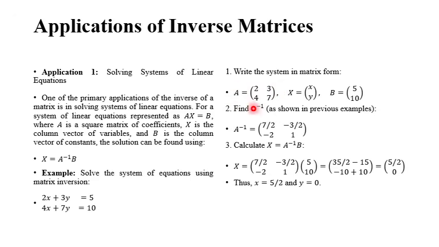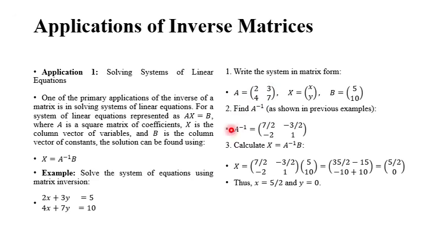Then what is the adjoint of this matrix? You have to interchange these two diagonal elements, so 7 comes up and 2 goes in here. Then you also change the signs of these two elements, so this becomes minus 3 and this becomes minus 4.